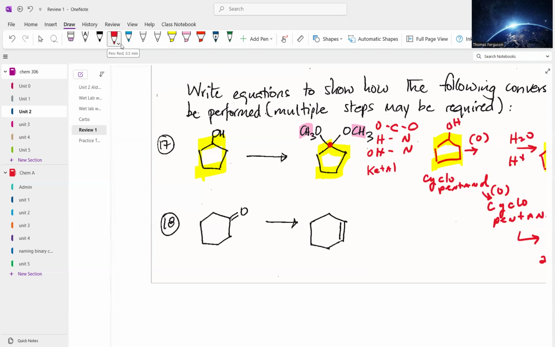There's a couple ways. The main way is starting with an alcohol. And you pull the alcohol off and you double bond. Okay, so what alcohol will we need to make this cyclic alkene?